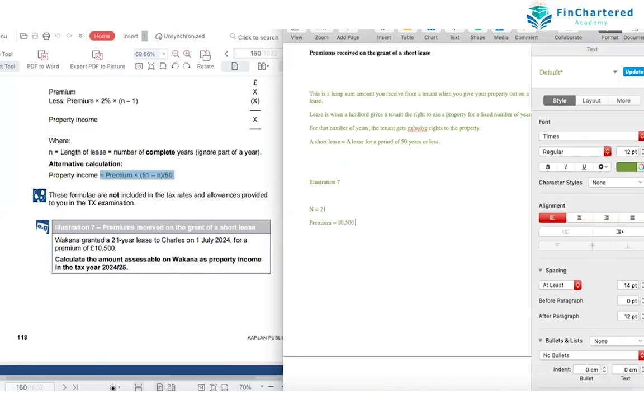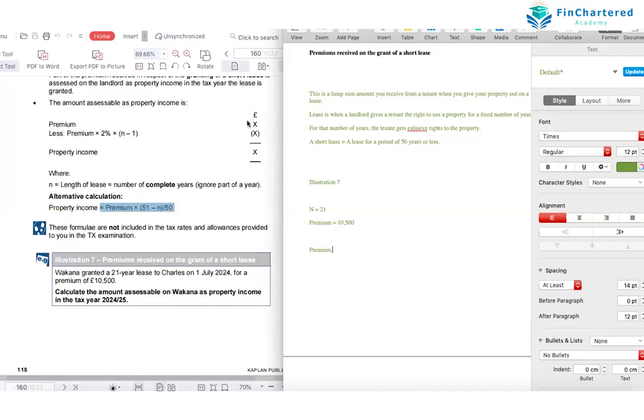You just have to find out how much the property income is. I'll just use the second formula. You can use the first formula; both are equally easy, guys. You just have to substitute the numbers into the formula. The second formula is premium into (51 minus N) divided by 50.